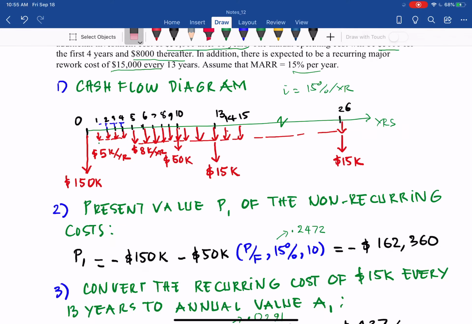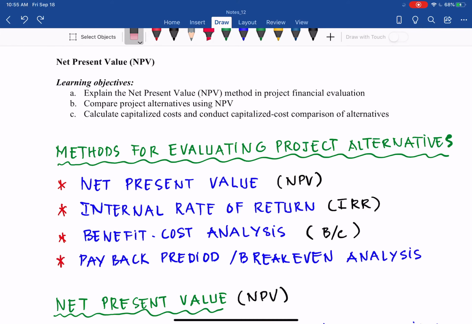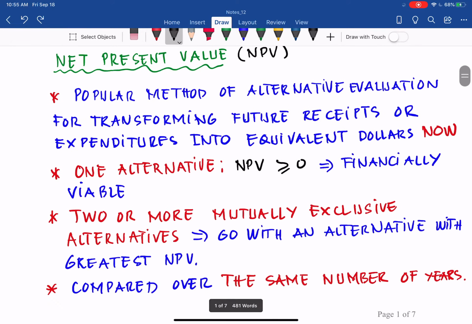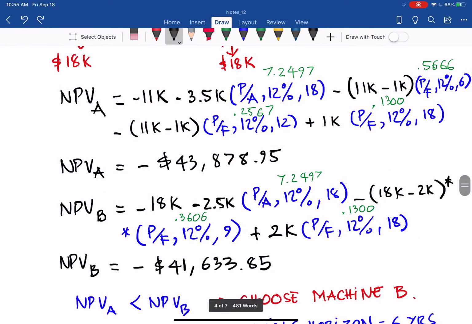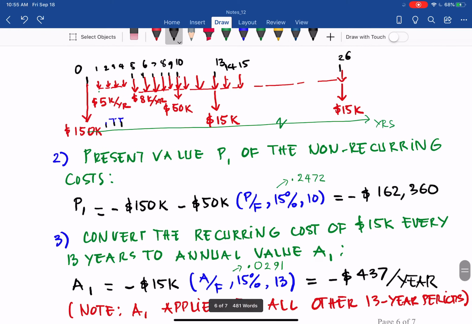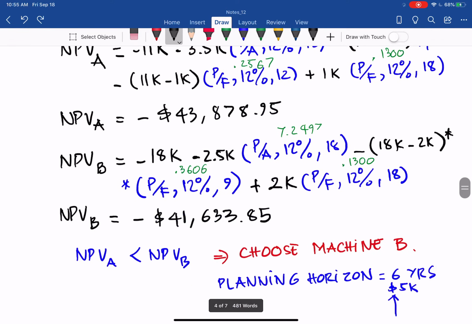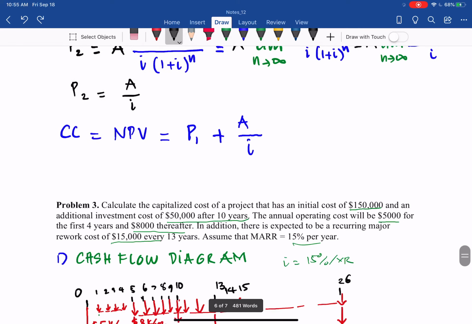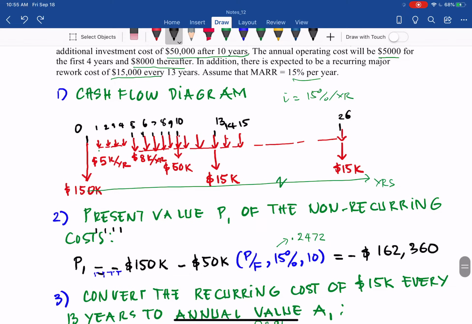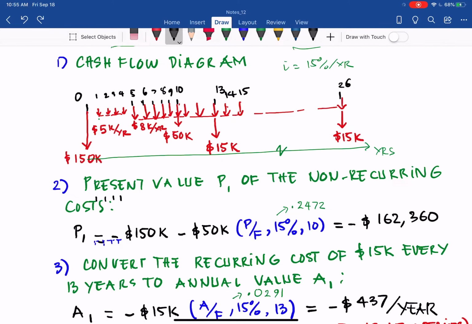So with that, I can assume I spent 8,000 every year from year 1, and then I received 3,000 in the first 4 years.